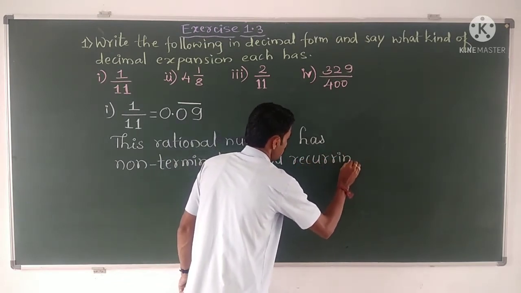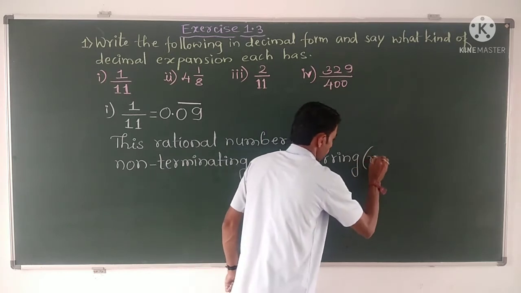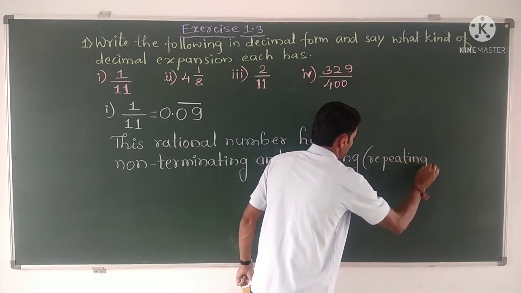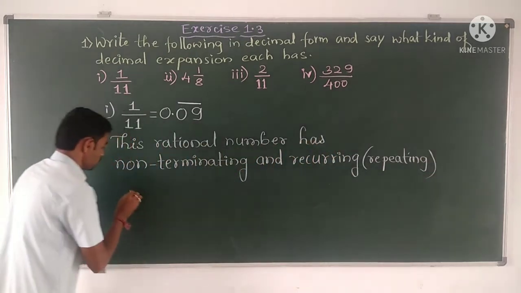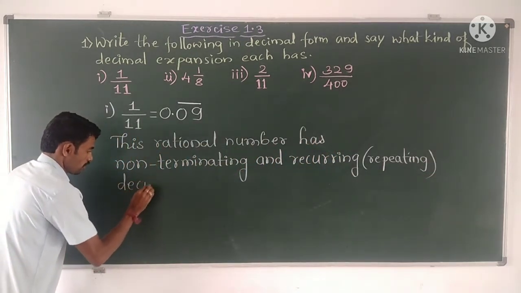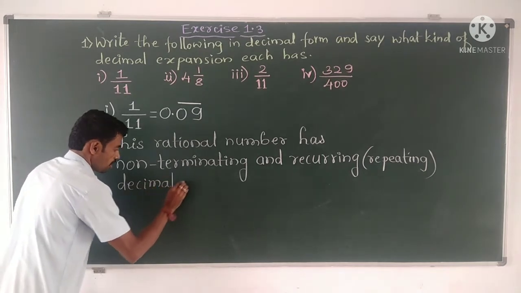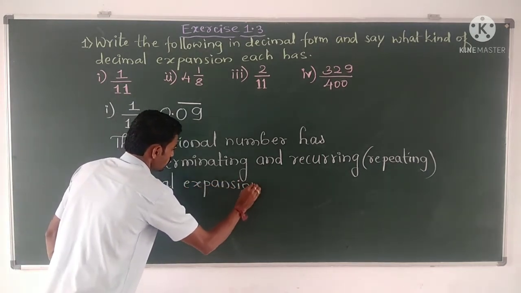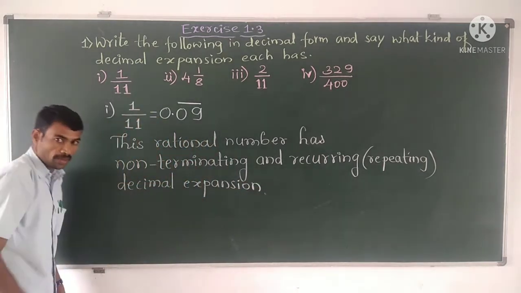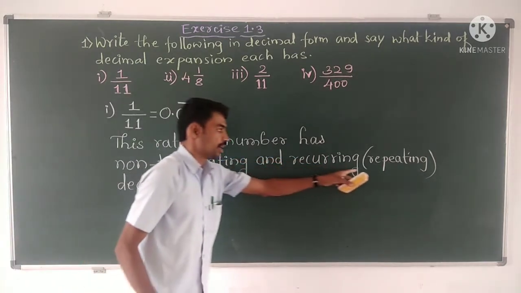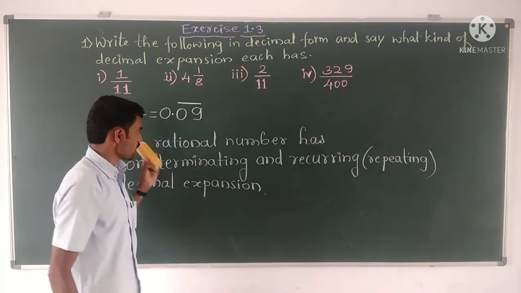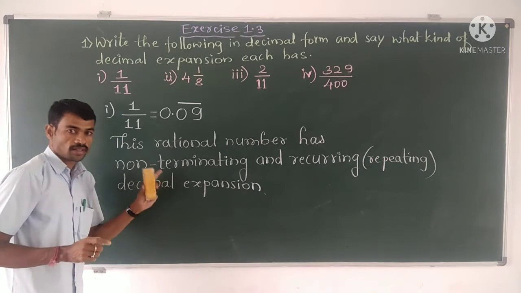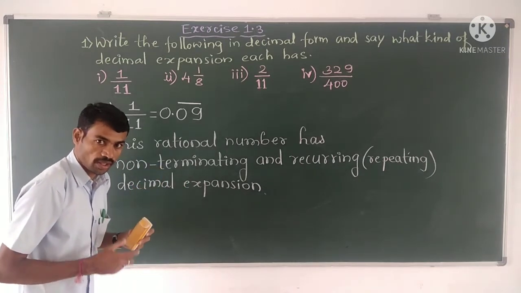It is also called repeating. So the first one has a non-terminating and recurring decimal expansion. Clear?